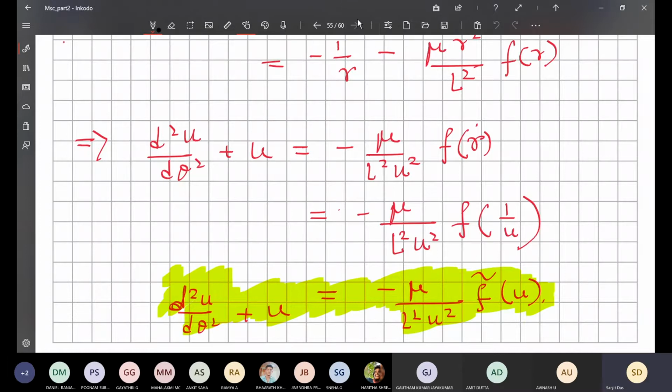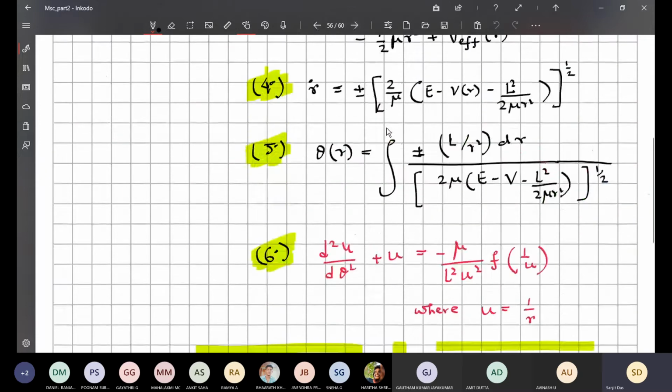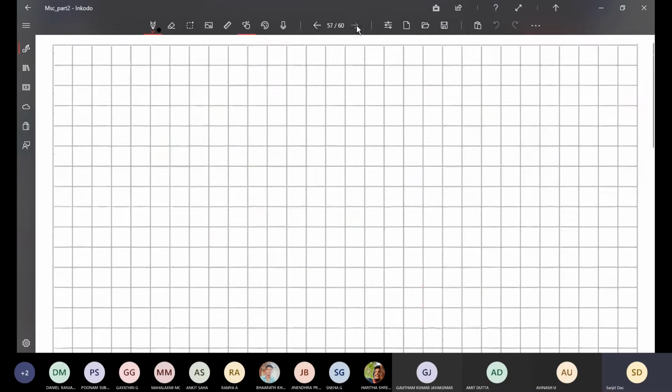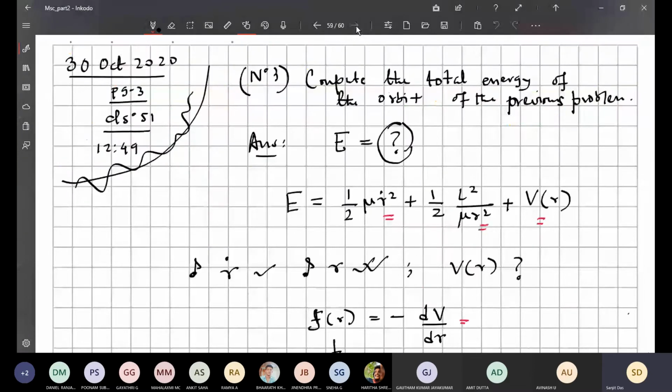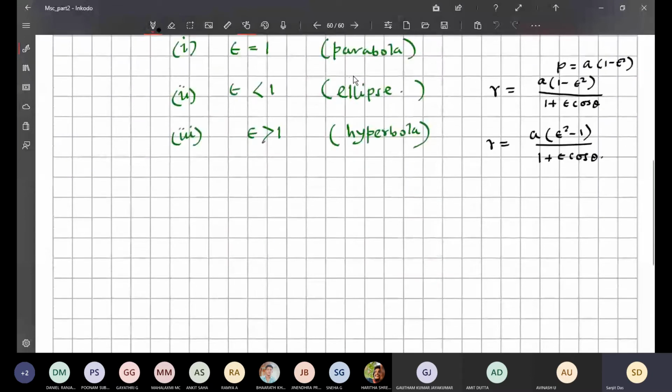So I will take this equation. Just remember the form of the equation the way I have written it, and tell me. I'm going to write it down here. Orbit equation.